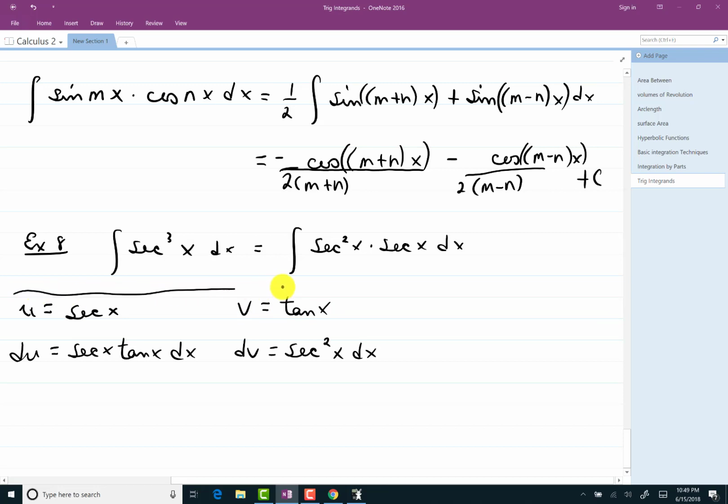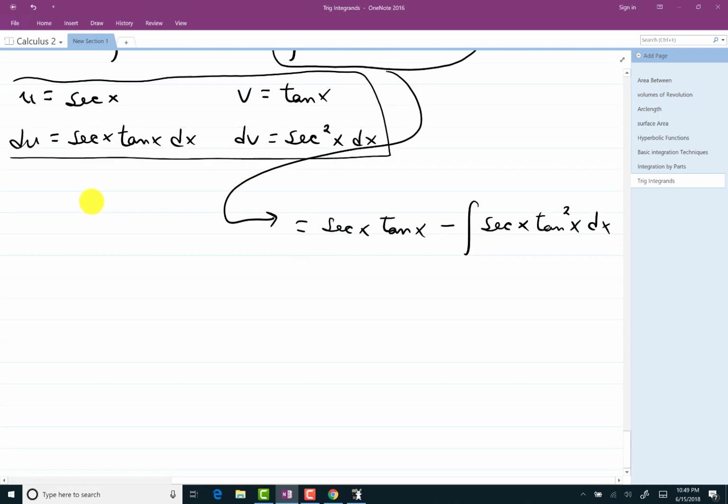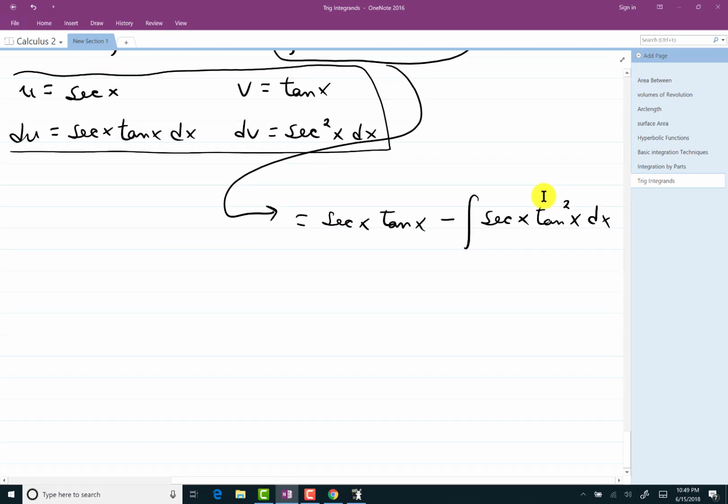So let me get that stuff out of my way. This integral equals uv, so I'll get secant x tangent of x minus the integral of v du. So I'm going to get tangent times this stuff, and I'll end up with secant x tangent squared of x dx. All right, then I'm going to do an identity once again.